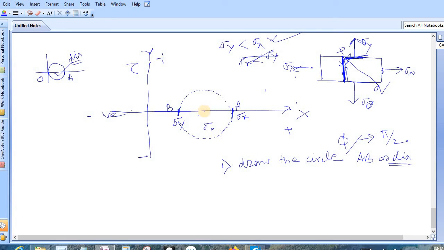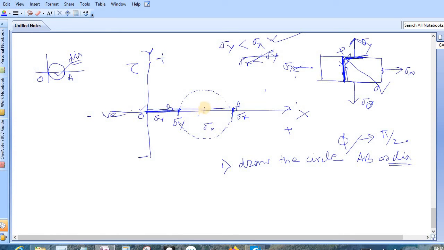Second step is we have to identify the center. This is the center, this is center O, so origin O. OB is your sigma y and OA is your sigma x.